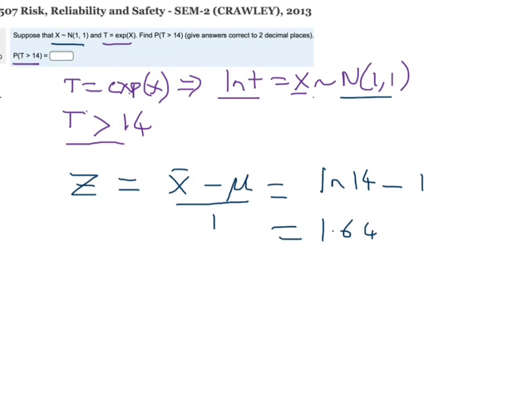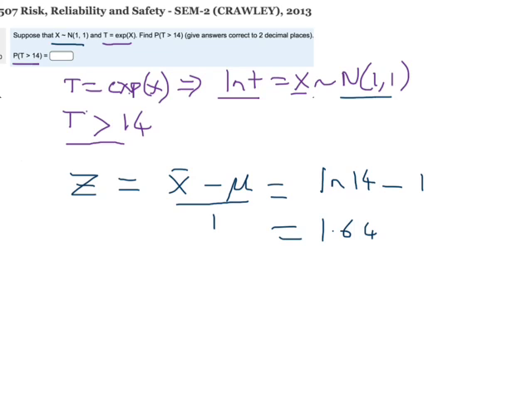And now all we have to do is go to our table of z values and find 1.64. It's page number 515 in the statistics tables.